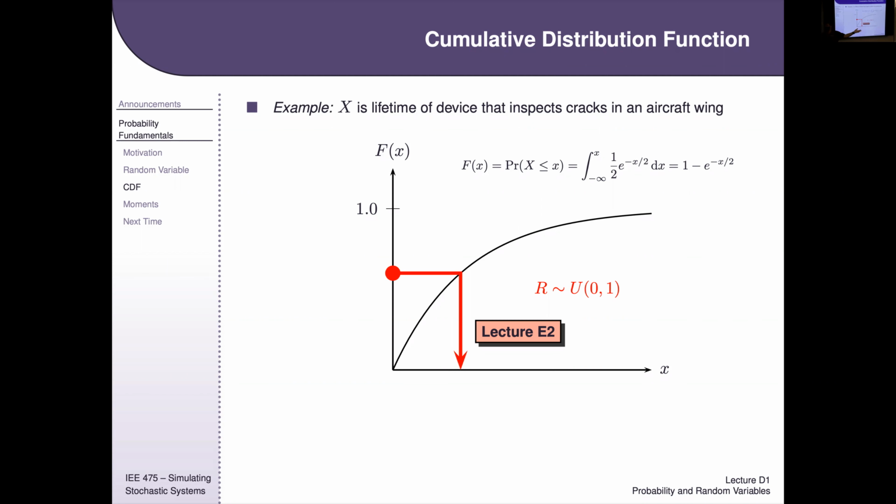If you were to draw 1,000 of those outcomes and then take their histogram, the histogram would be consistent with an exponential. And this is how we end up getting any distribution we want, even though the computer only provides us with one distribution. So that's where we're going, again, by lecture E2.